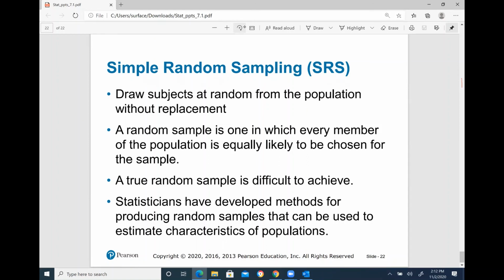Statisticians have developed methods for producing random samples that can be used to estimate characteristics of populations. Actually, this one is just the belief of statistics people. They develop methods that can produce random samples.